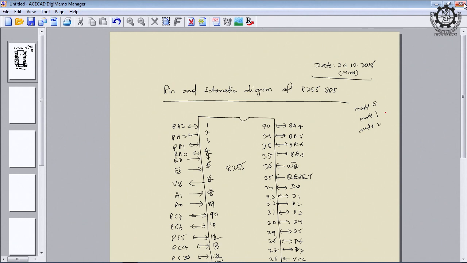There are 3 modes and 3 ports. Port A 0 to 7, an 8-bit port, port B 0 to 7, an 8-bit port, and PC 0 to 7. 3 8-bit ports, right? Port A, port B, port C. Am I clear? So this is what we discussed in the last class.